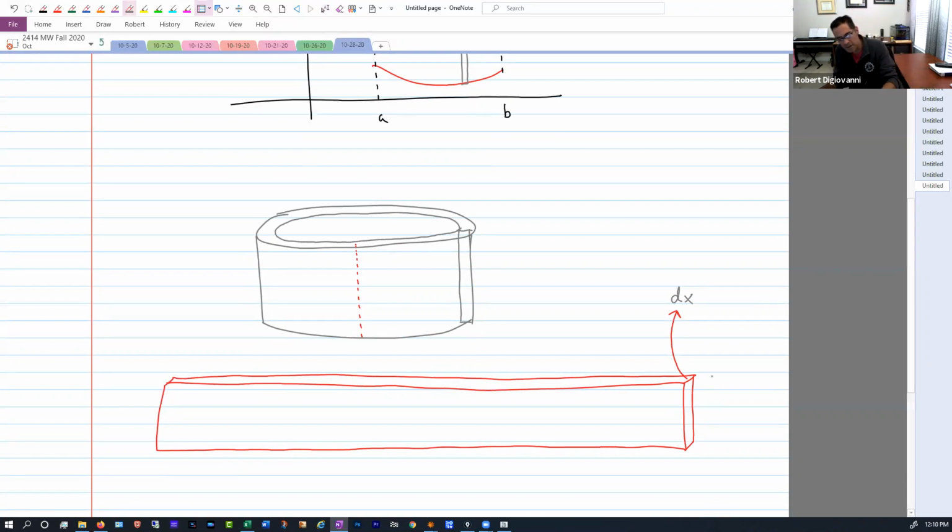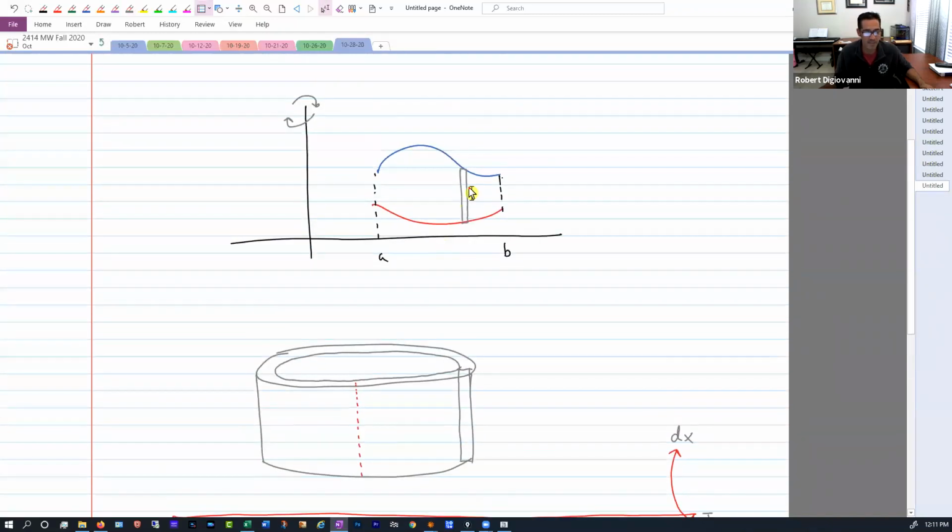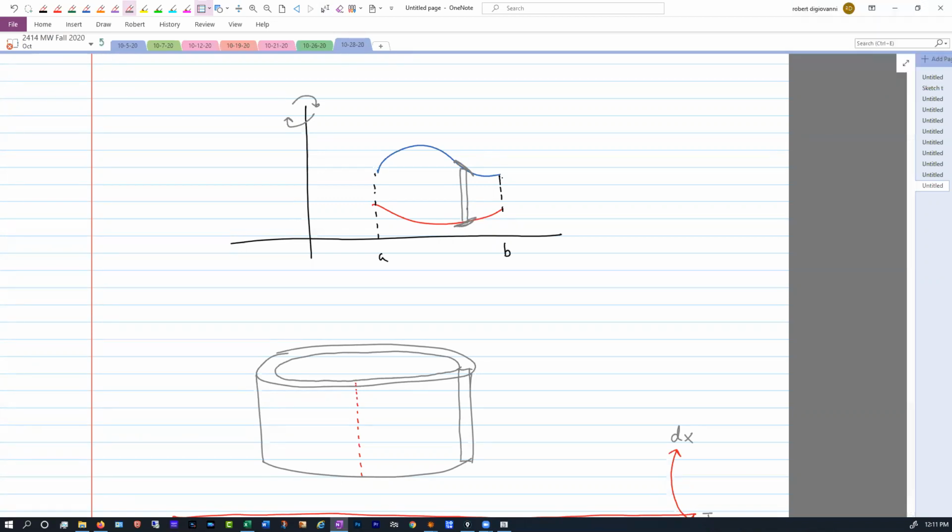Let's go after the next thing. Do we know how tall this is? Well, that's just the height of the rectangle, isn't it? Which is the top minus bottom. Top minus bottom.